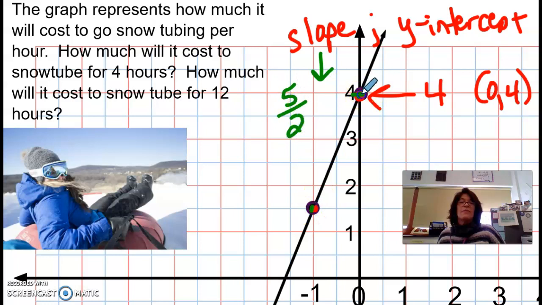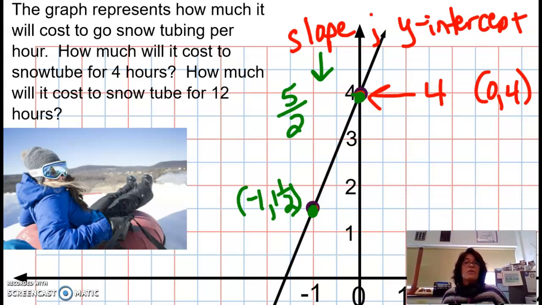In order for me to get from point to point, I just saw that I can go up 5 over 2. Hey, if you don't like counting rise over run, you could always just take the coordinates of this point. What is this? (-1, 1.5). Right? This point I know is (0, 4).